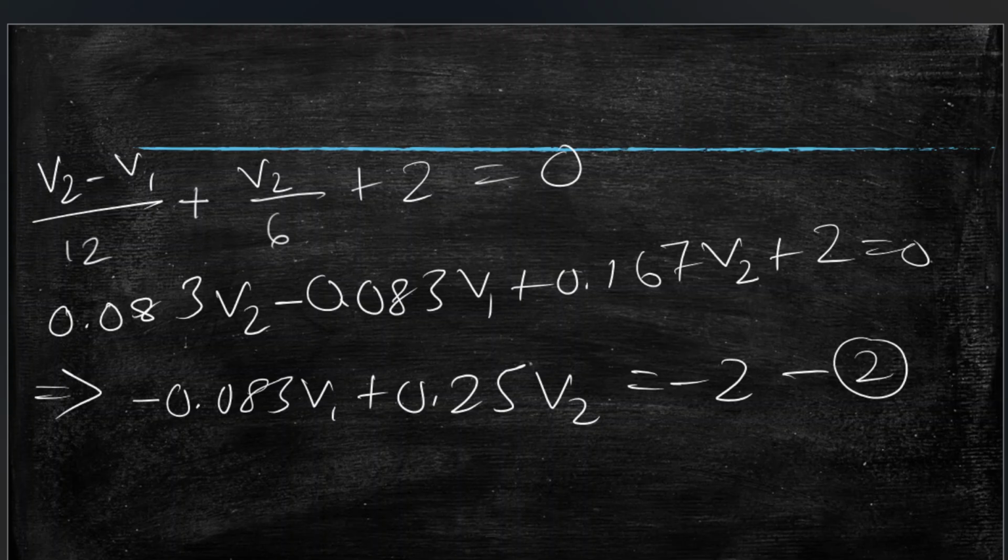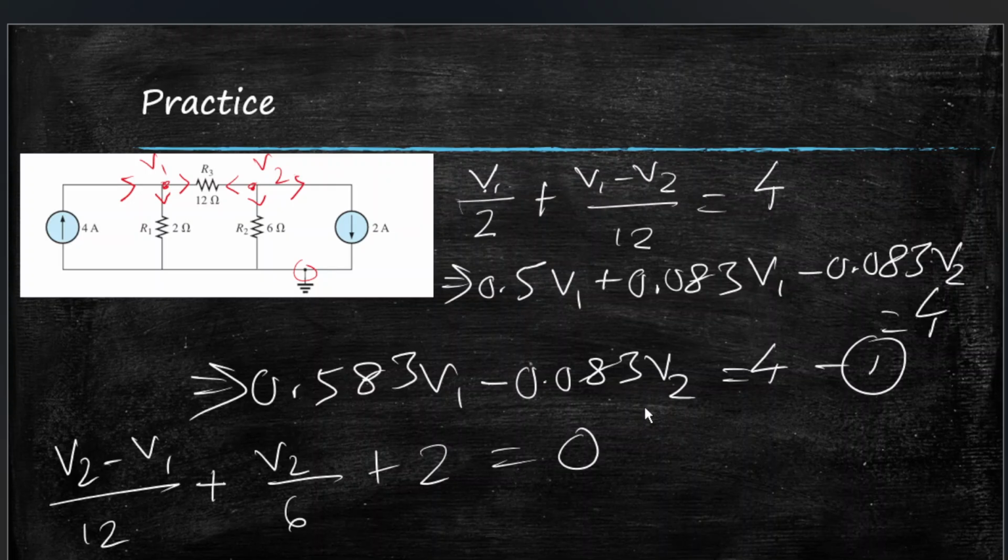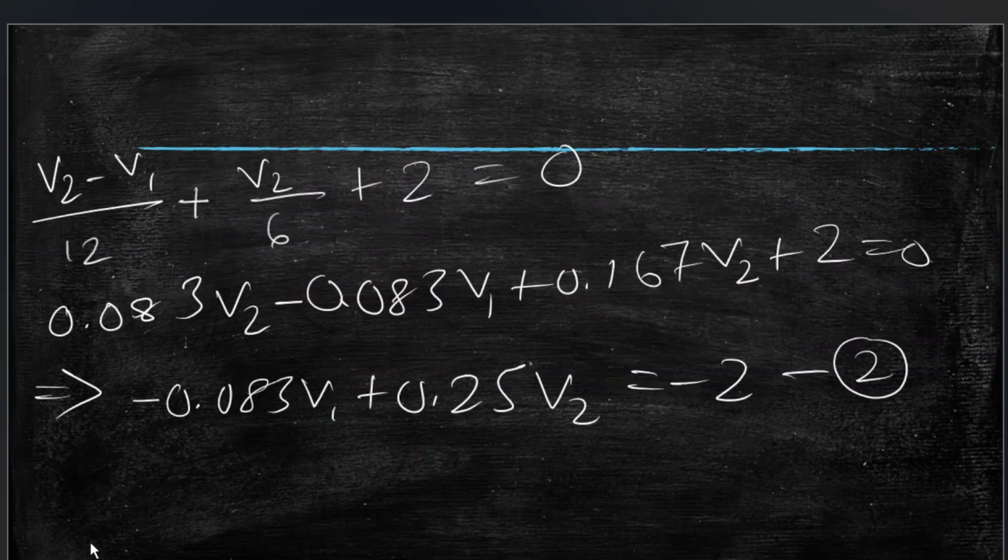Alright, now let's solve these two linear equations that we got. So 0.583, minus 0.083, equal to 4, and then minus 0.083, plus 0.25, equal to minus 2.